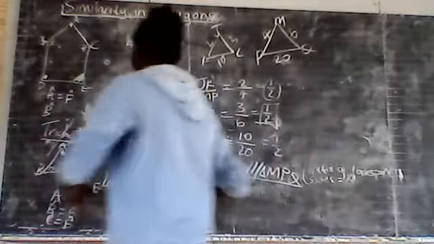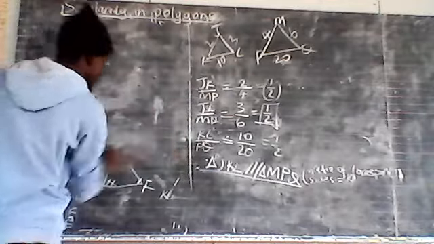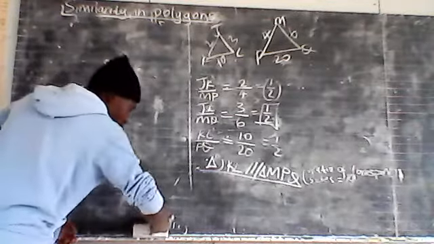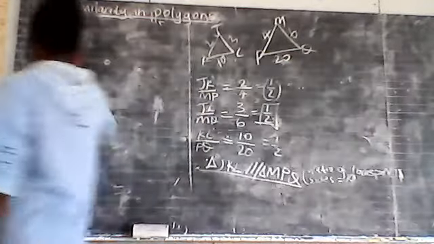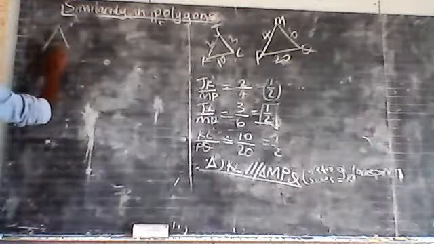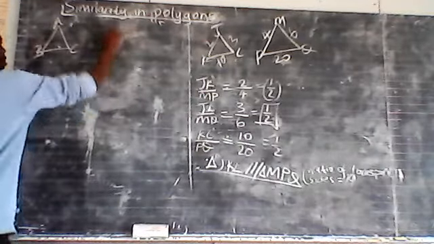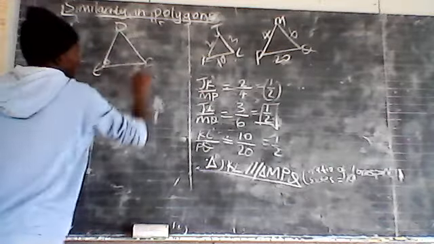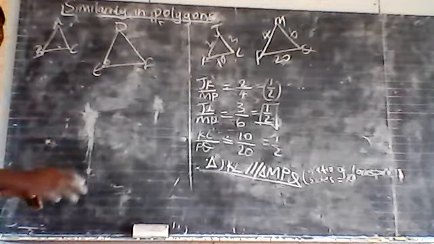I'm just going to make some space here and remove this polygon. If for instance I have a triangle ABC and triangle DEF, these triangles will be included in your circle geometry.